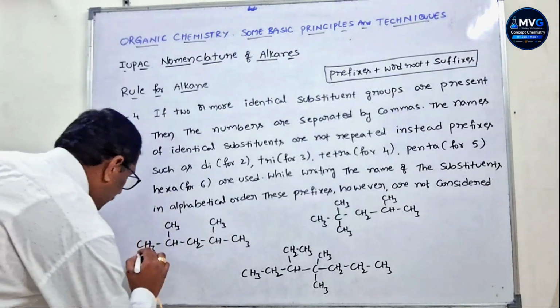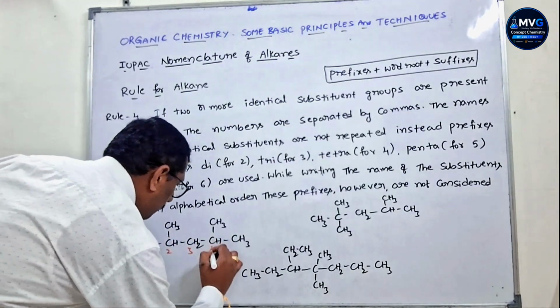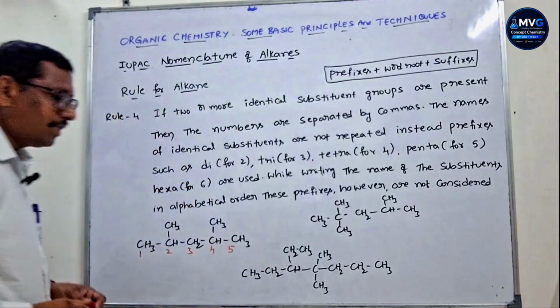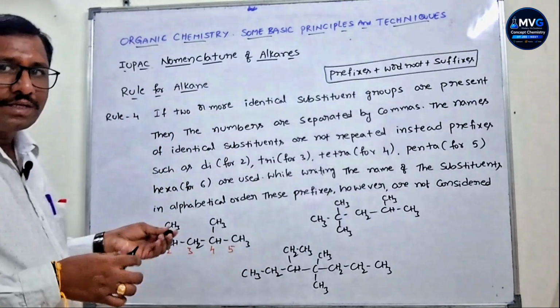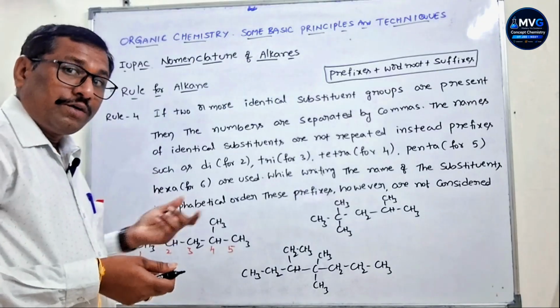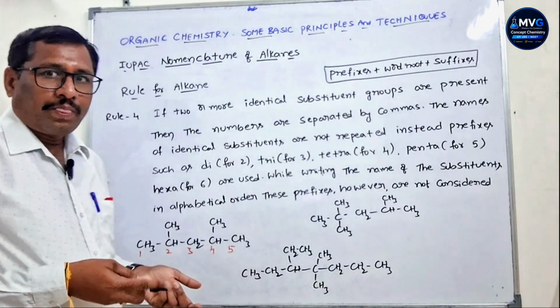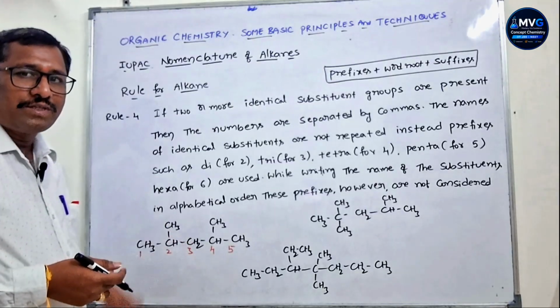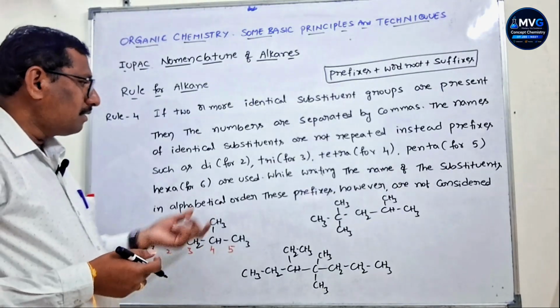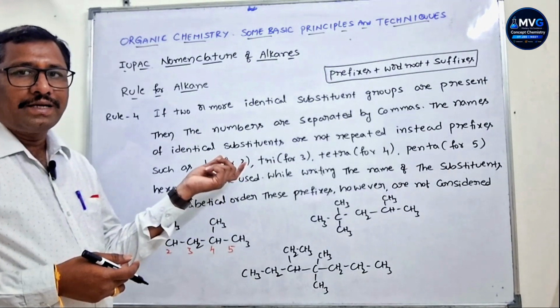So we are giving numbering like this: 1, 2, 3, 4, 5. Now here, two substituents are there. In the previous example, only two different substituents were there. Now here the same substituent is repeated 2 times. In such cases we will use the numerical prefixes di, tri, tetra.